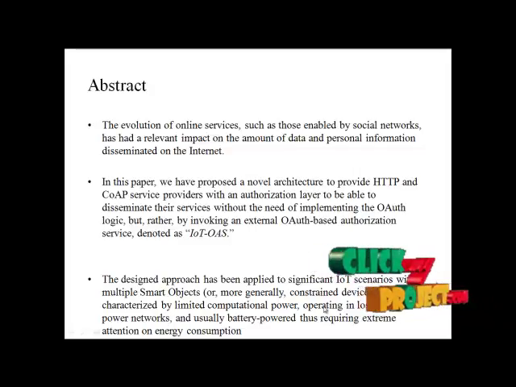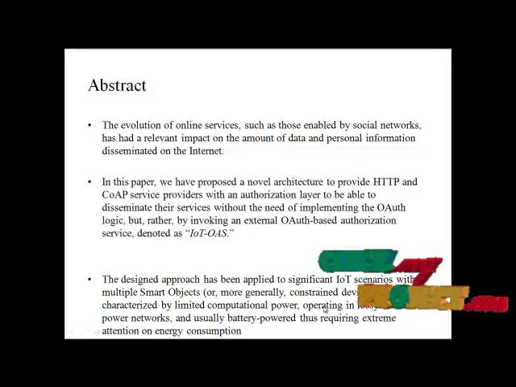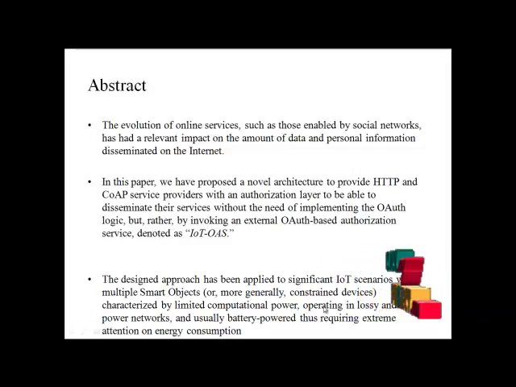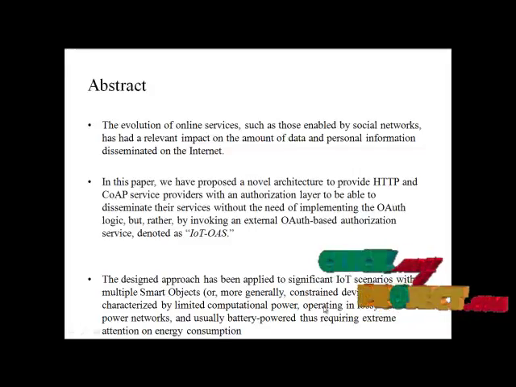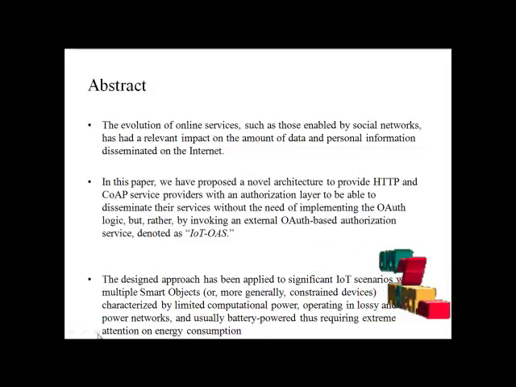The designed approach has been applied to significant IoT scenarios with multiple smart objects or more generally constrained devices characterized by limited computational power, operating in lossy and low power networks, and usually battery powered, thus requiring extreme attention on energy consumption.